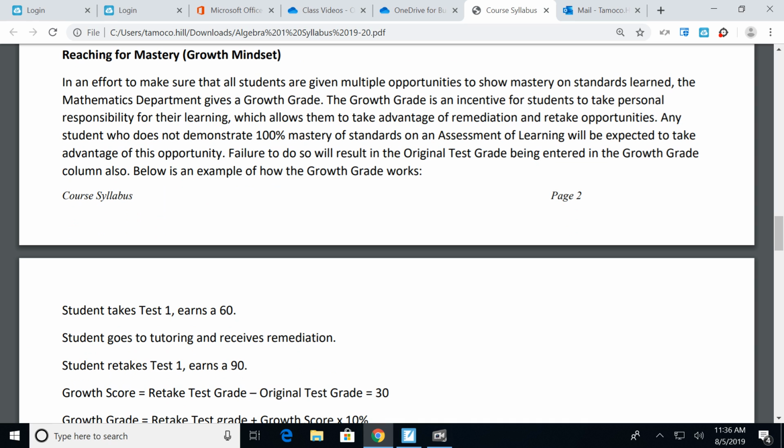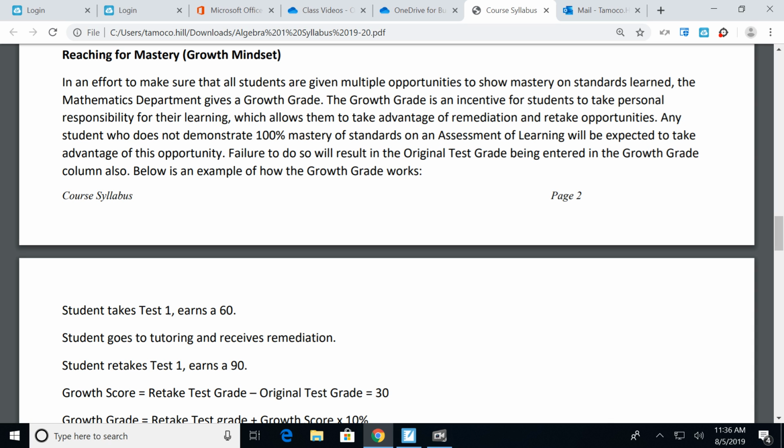So let's talk about reaching for mastery. If you read, you should be able to answer this question. Who must retake an assessment? I gave you specific information about who has to retake an assessment. So who has to retake an assessment according to reaching for mastery?